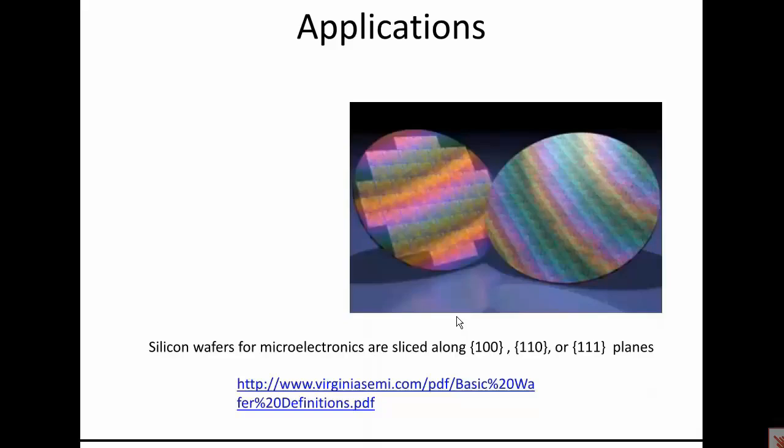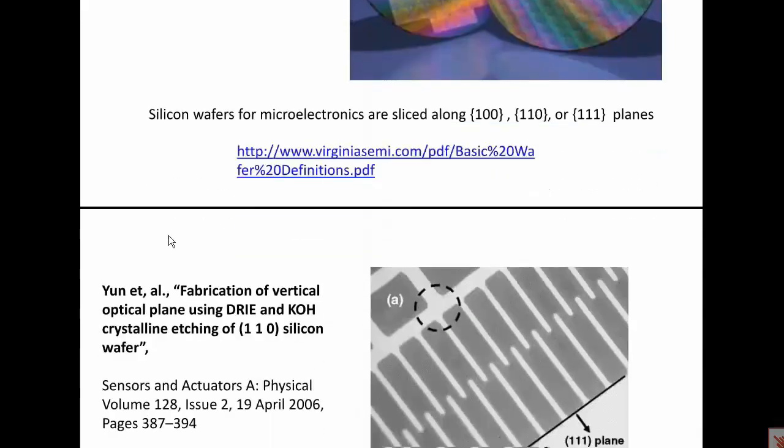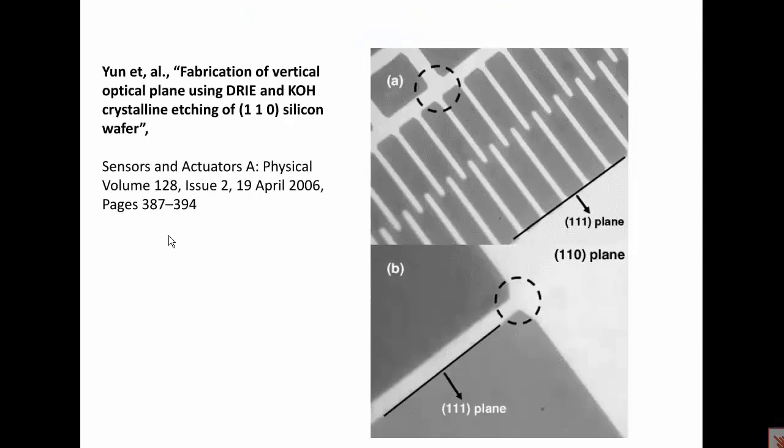So for instance, the silicon wafers for microelectronics are sliced along directions of a form 100, 110, or 111 planes, depending upon the applications. And here we see a micromechanical structure etched on the surface of a silicon wafer. And see how they have specified the plane upon which the structure has been etched.